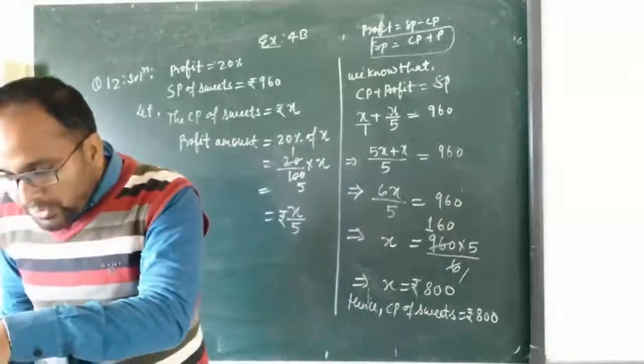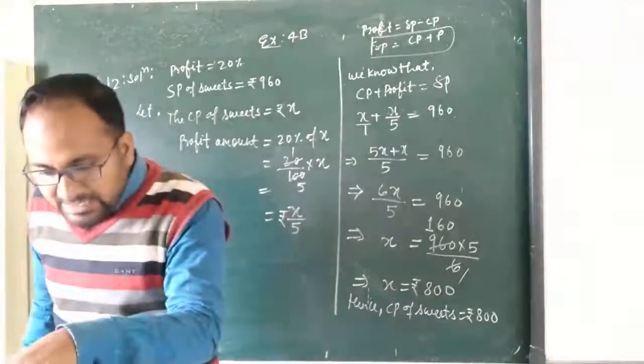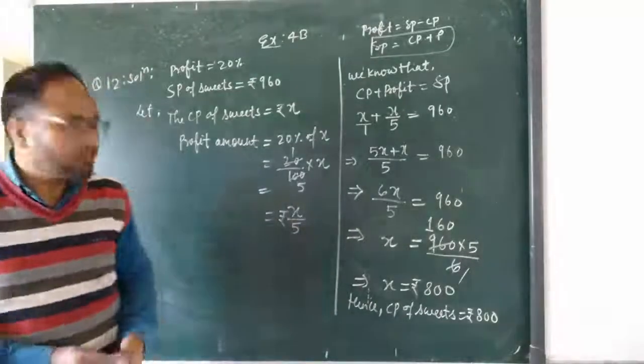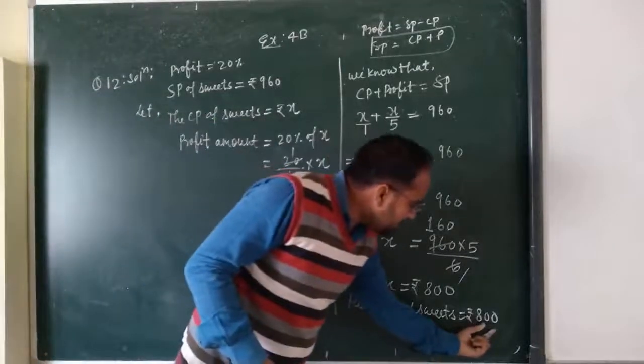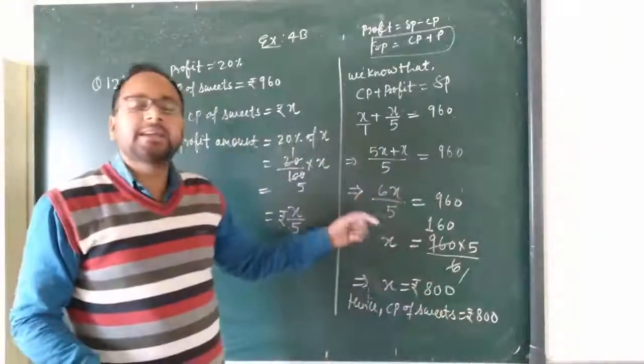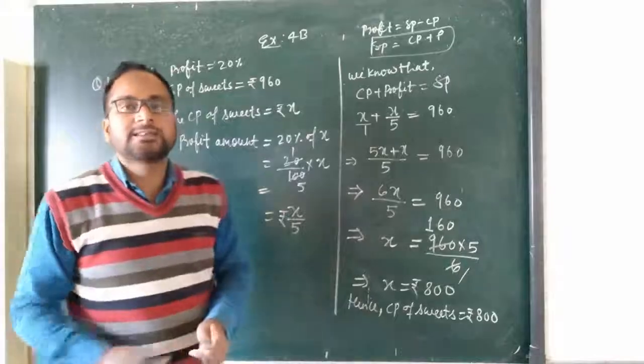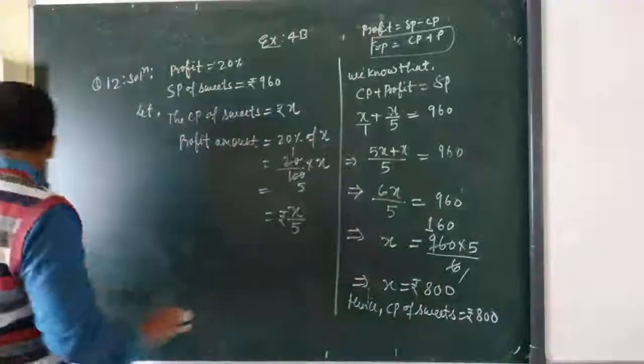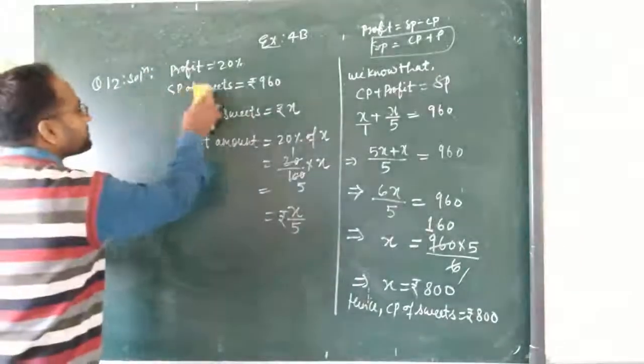But what will be his profit or loss percent if he sells them for rupees 840? The cost price is 800, and if he sells the article at 840, he surely gets a profit. So next step, students.